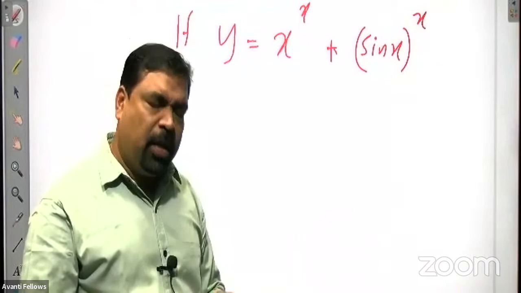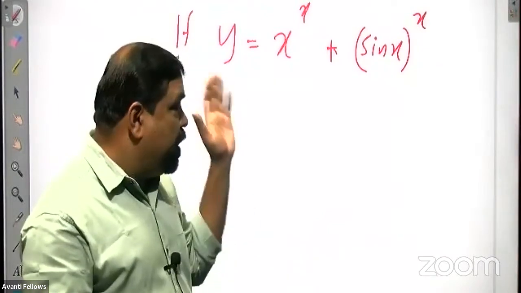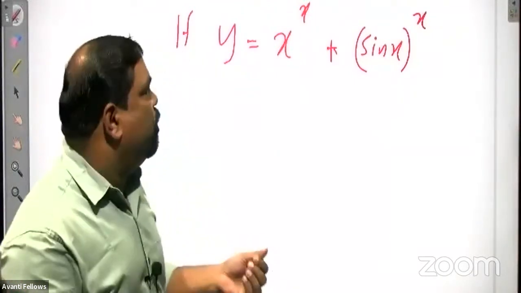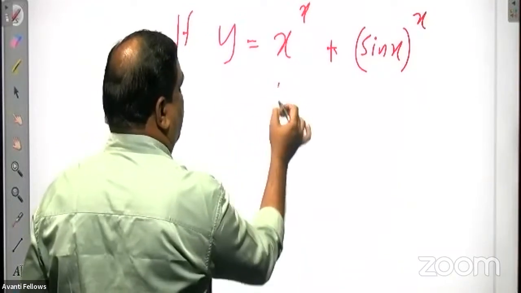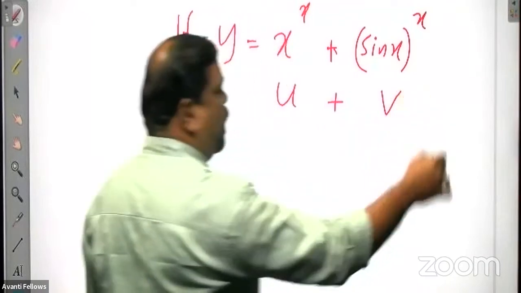So what is the mistake the students commit is, actually we cannot differentiate directly. Usually what we do, we take this x raised to x as some u, and the second term we take as some v.